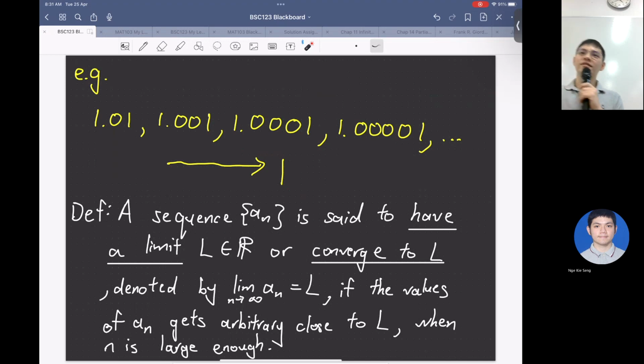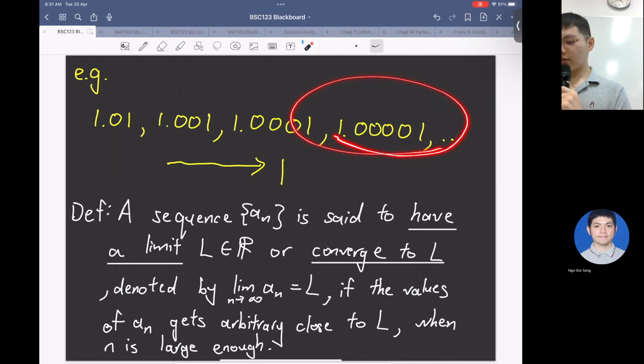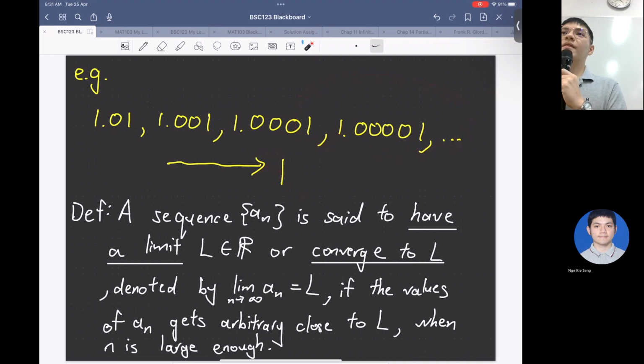So what do you mean by close here? How do you make this closeness idea precise? It means that no matter how close to this 1, for example, you want it as close as 0.000025, you can find another term in this sequence which is that close to 1.